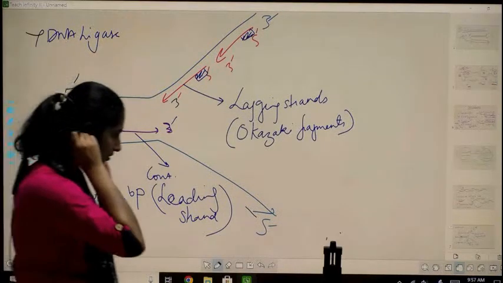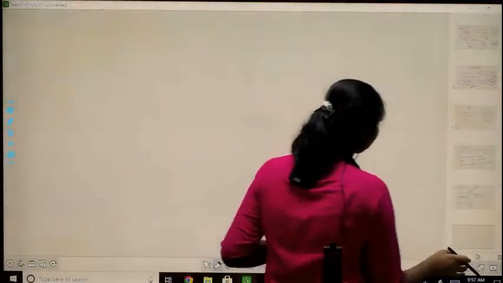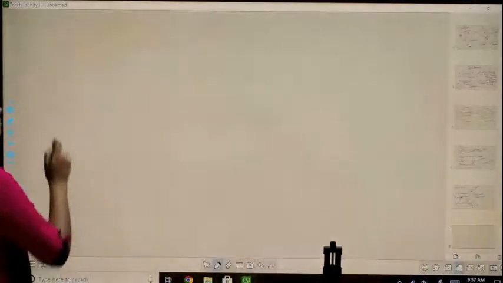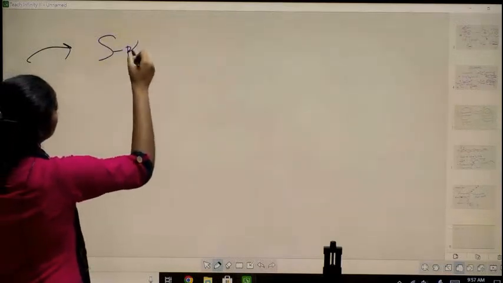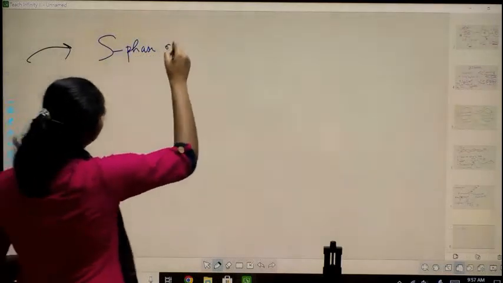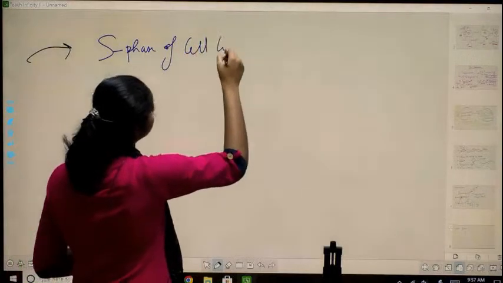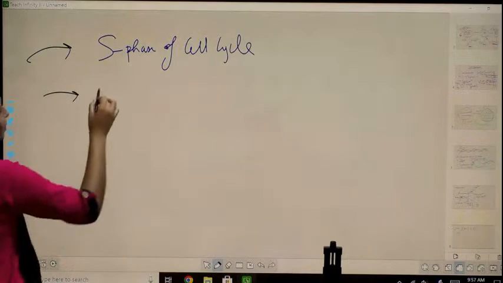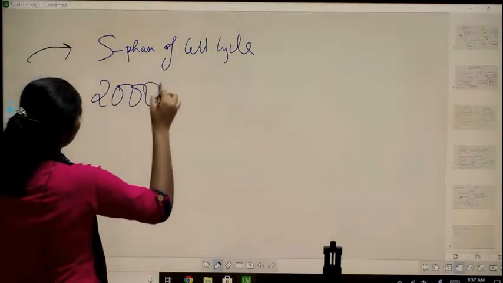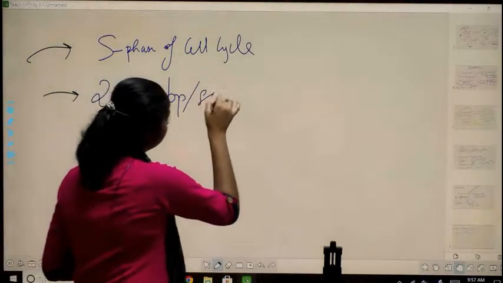Okay. So we are almost done with DNA replication. Where does DNA replication take place? It takes place in the S phase of the cell cycle. And what is its speed of replication? It is around 2000 base pairs per second.